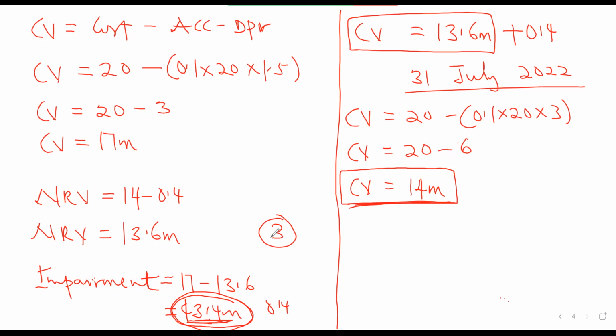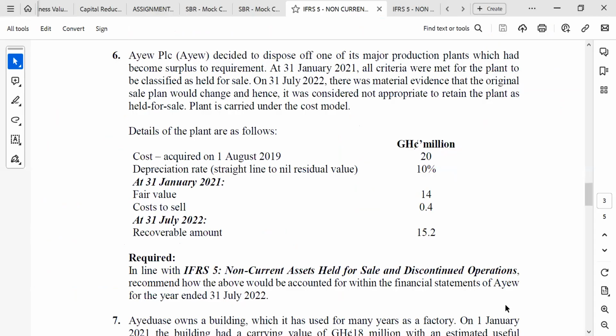But before you use the carrying value, you compare with the recoverable amount. You can see the recoverable amount is higher, so you pick the carrying value. We only do this to know if the asset has impaired at the date of the reclassification or not. You pick the lower of the recoverable amount or the carrying value.